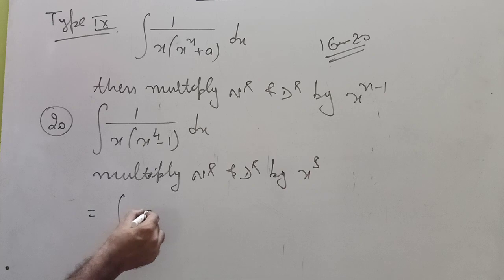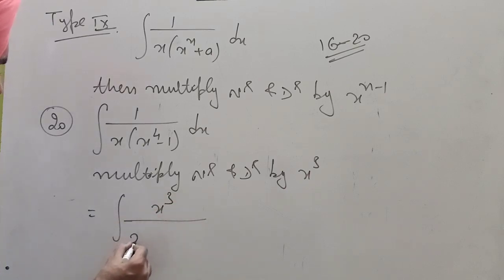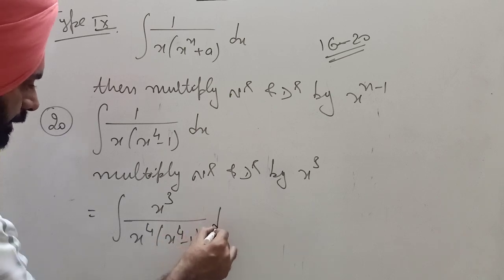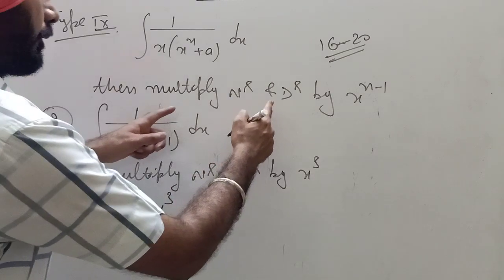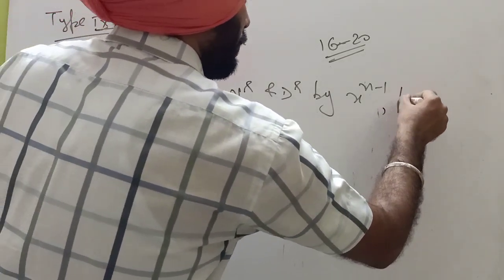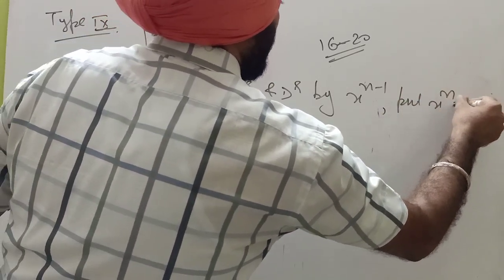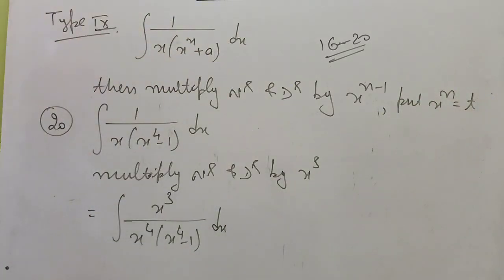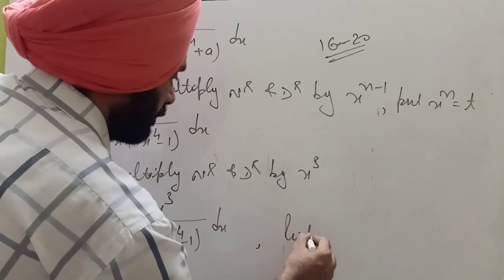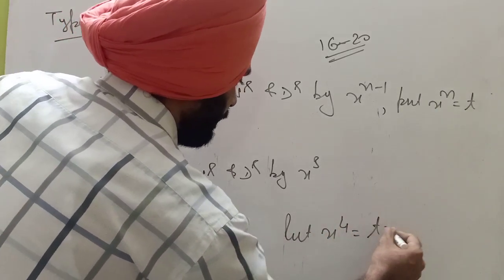So what will be the answer? X raised to power 3 divided by x raised to power 4 into x raised to power 4 minus 1 dx. In the type, after multiplying, you will put x raised to power n is equal to t. Clear? So next put x raised to power 4 is equal to t.